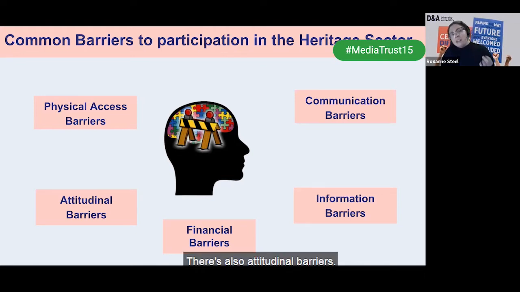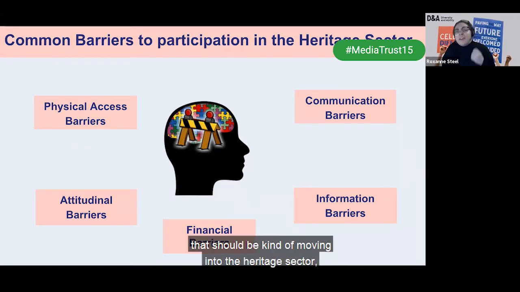There are also attitudinal barriers. So for example, consideration of whether you seem like the sort of person that should be moving into the heritage sector. That preconception of what that looks like or who that is can affect people's barriers.